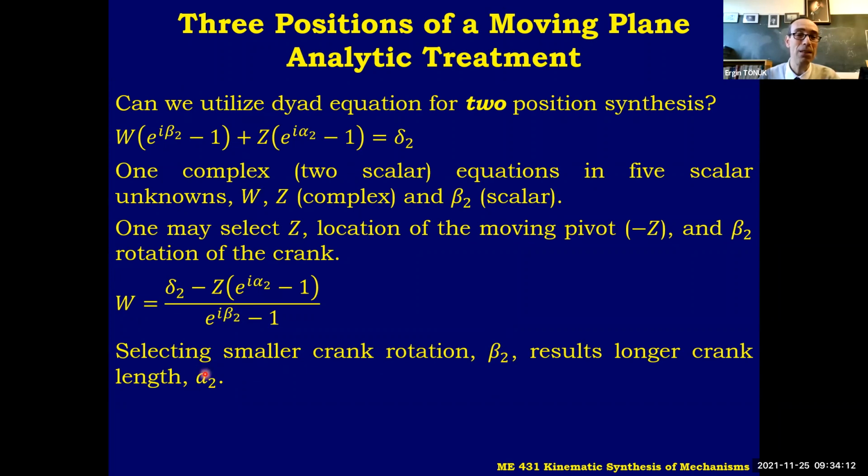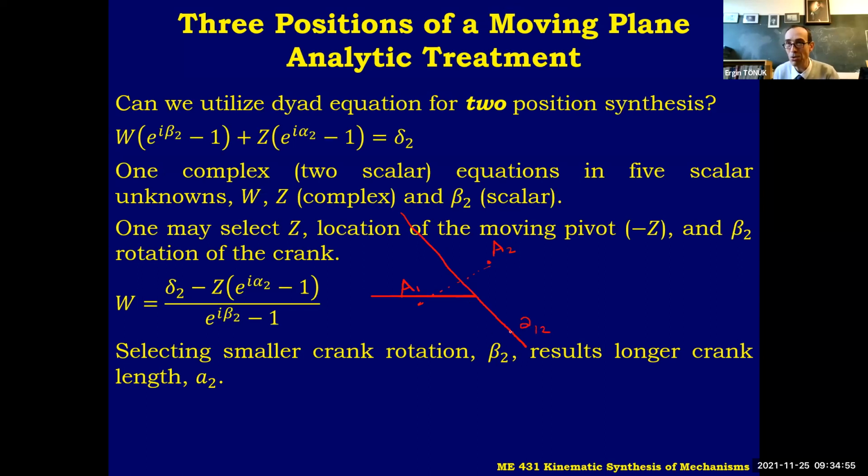Just think the graphical analysis. You had A1, A2, and the perpendicular bisector. Let me just sketch it here. Say this is your A1, this is your A2. You drew your perpendicular bisector. Just omit this stupid snap line. That's A1, 2.